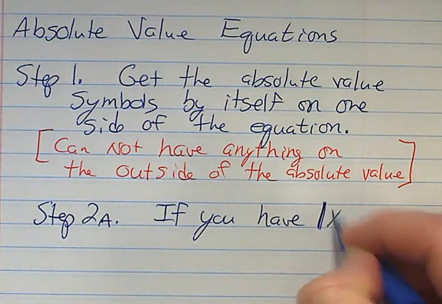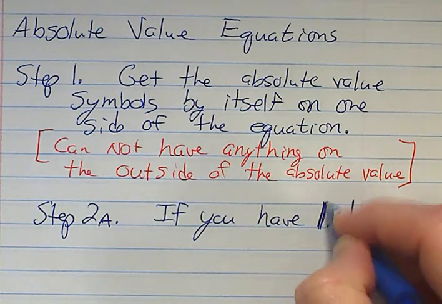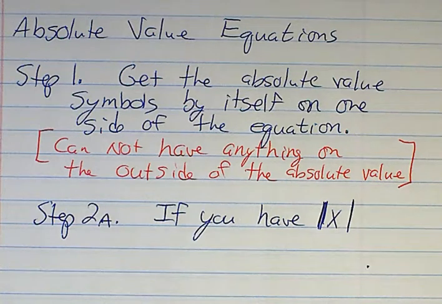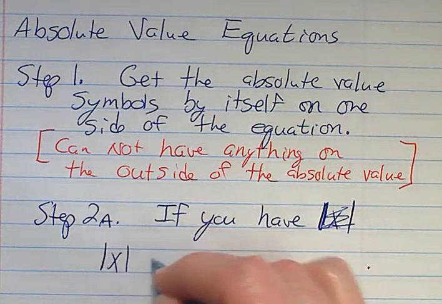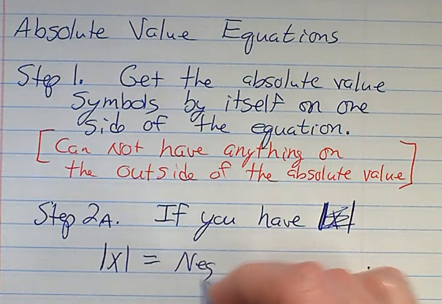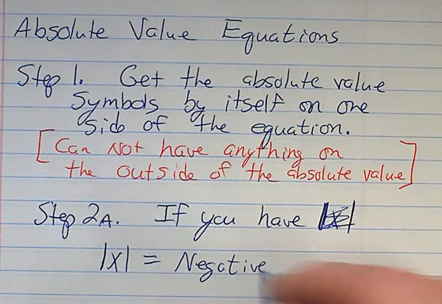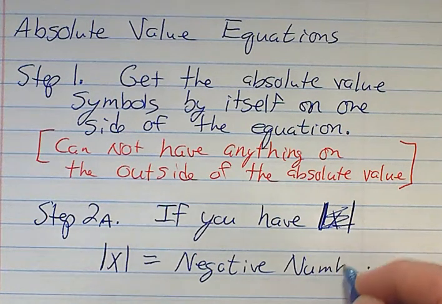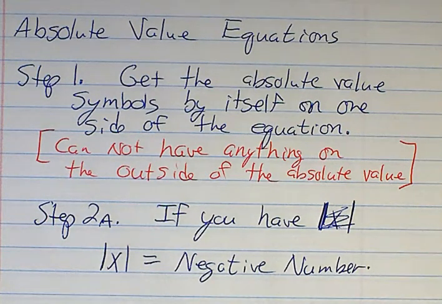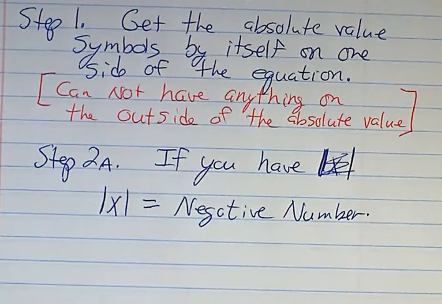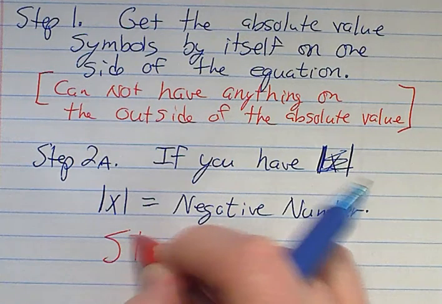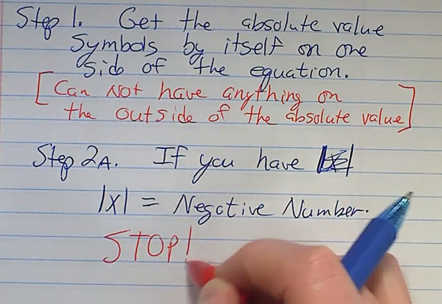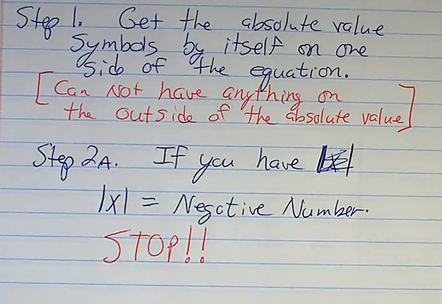If you have the absolute value of x, and again, you may have some stuff on the inside or on the outside, but if you get the absolute value all by itself, and I'm running out of room, so I'm going to put that down here, if that equals a negative number, then here's where you get to stop and don't do anything else.